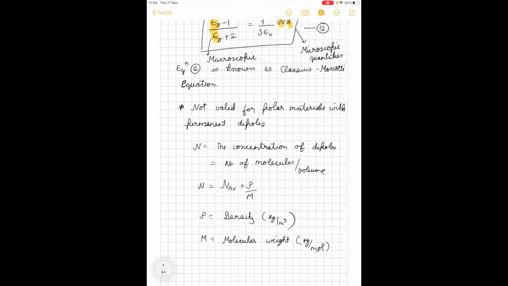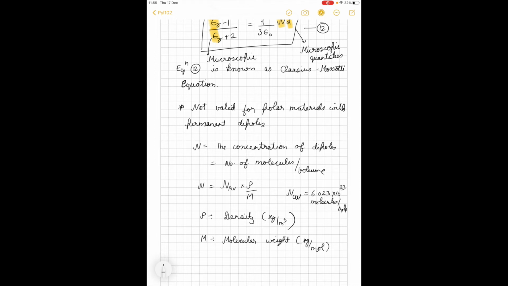Just to remind you, the value of N Avogadro is 6.023 times 10 to the power 23, and its unit is molecules per mole. So dimensionally, the right hand side becomes just the number of molecules divided by volume, because kg cancels and mole cancels.